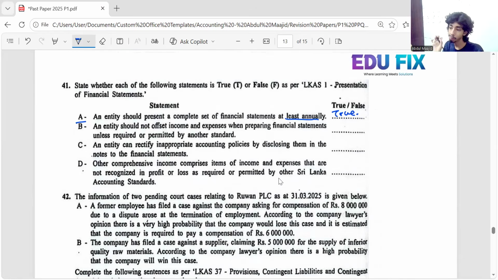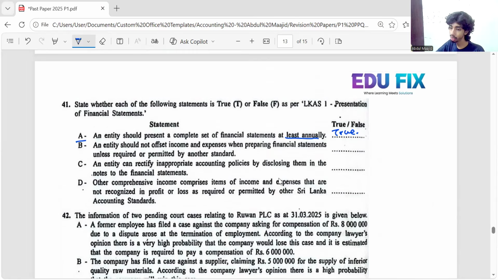But at minimum you have to prepare for 1 year. That's the standard. B. An entity should not offset income and expense when preparing financial statements unless required or permitted by another standard. You can't offset, for example, you can't say discount received and deduct your discount allowed.